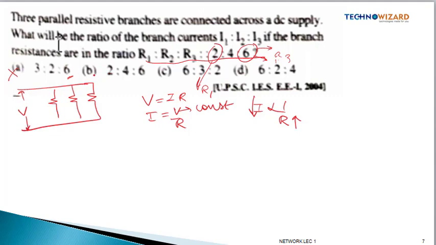This is also wrong. This is right because through R1 resistance the maximum current of 6 is flowing and through R3 the 2 is flowing. So this option is correct. In this option minimum current will be through R3, and in the other the minimum current is flowing through R2. So this option C is correct.